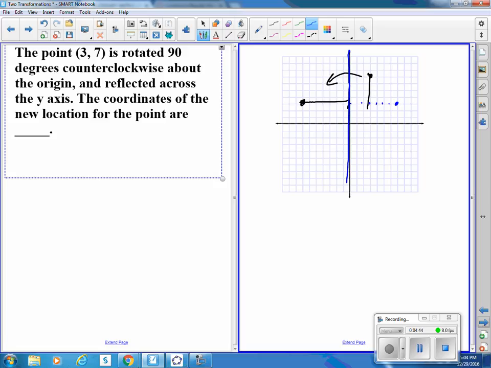So this guy that was at (3, 7) is now at (7, 3), still the same distance away from the origin.